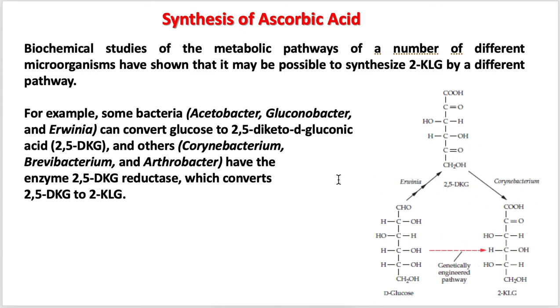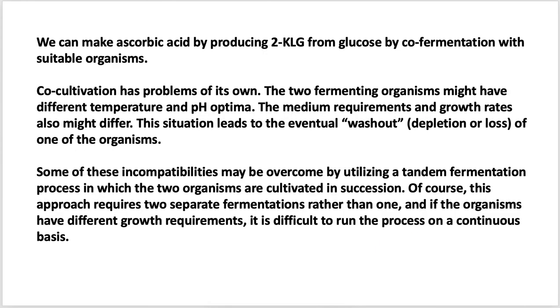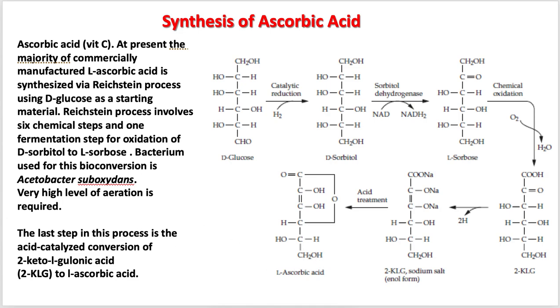Then a fermentation process for Erwinia can be developed and used to produce 2-KLG by a single fermentation. If we can use this recombinant Erwinia commercially, then the production cost of L-ascorbic acid, that is vitamin C, will be reduced greatly.